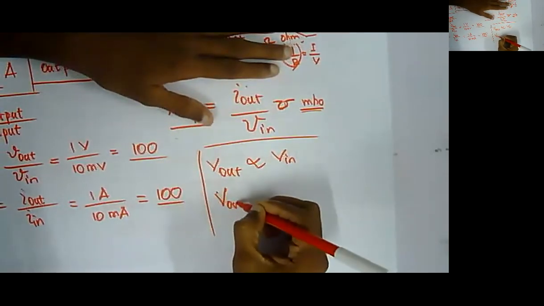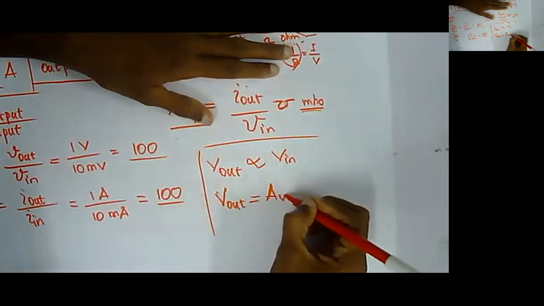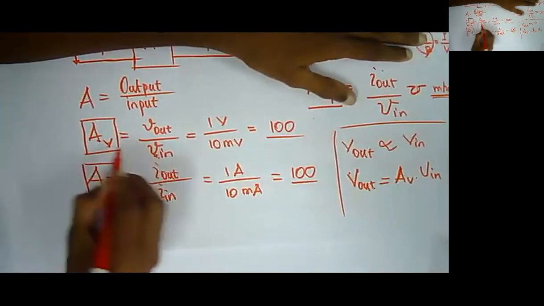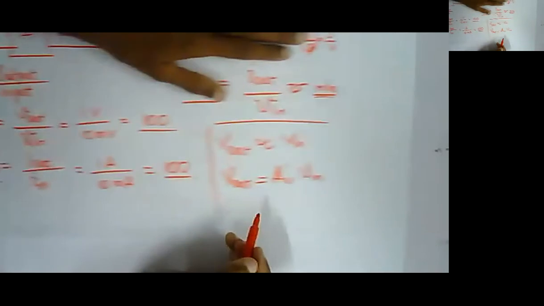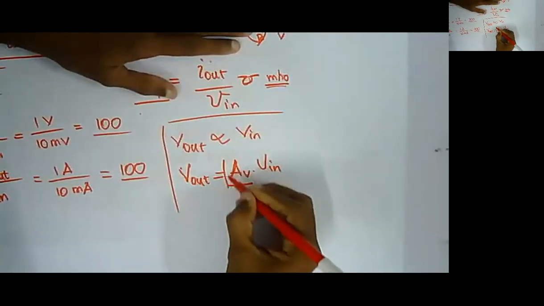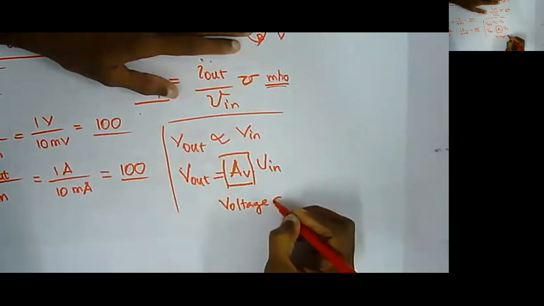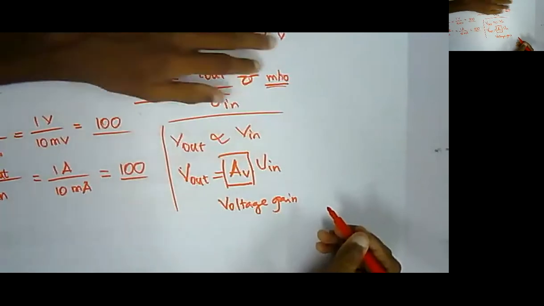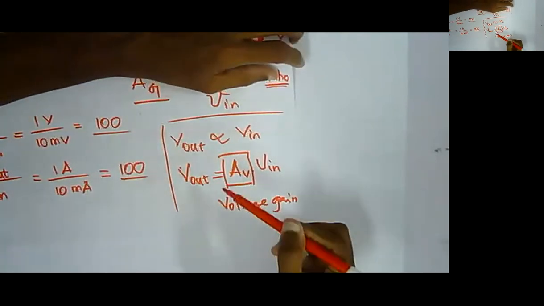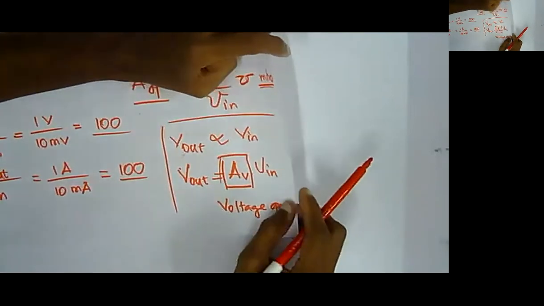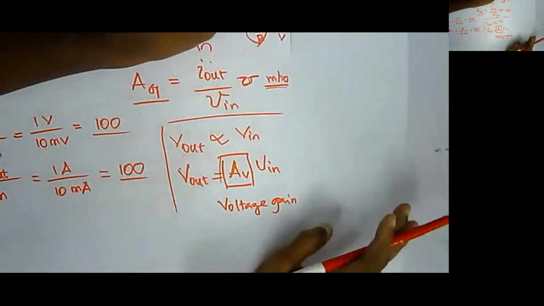I can simply write it as V out equals A_V into V in, and this proportionality constant becomes your voltage gain. That depends on the output you are getting from the amplifier and the input you are giving to the amplifier.